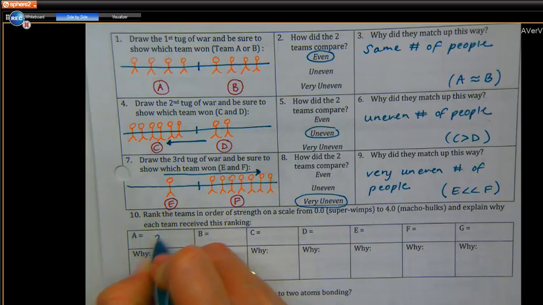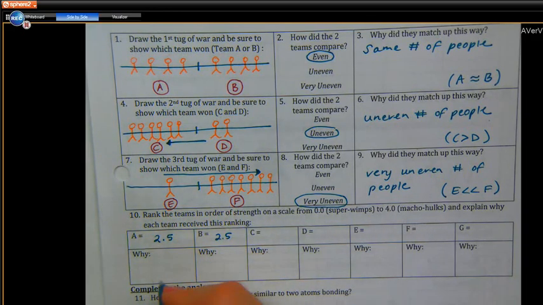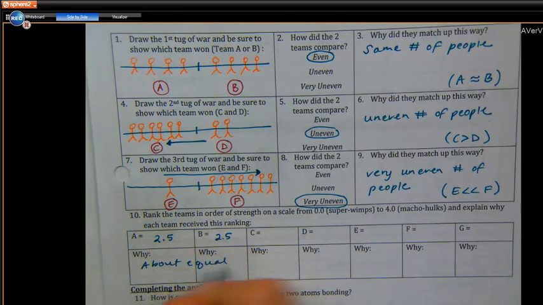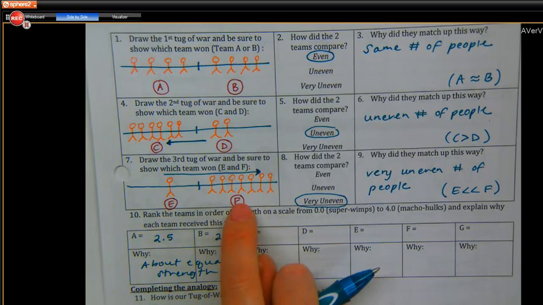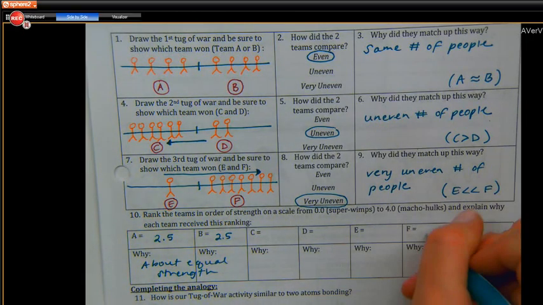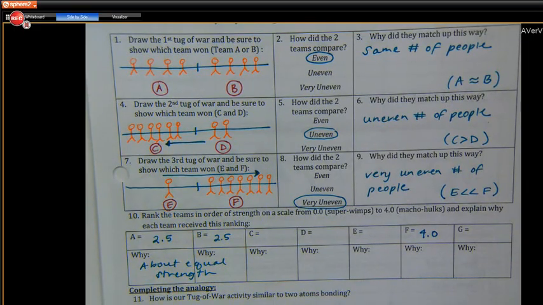I would argue that the strongest team is going to be Team F. So they're going to get that 4.0. And one of the scenarios that we didn't show here, that I didn't talk about, but that is a perfectly valid scenario, is what if I came up as team member G and said, all right, I want to go against all of you.